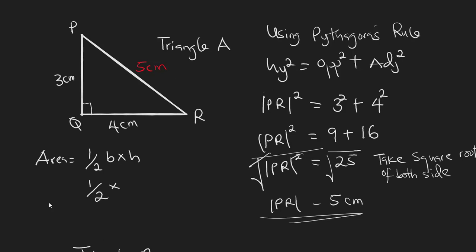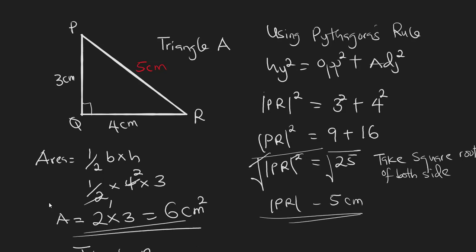Half times our base, 4, times height, 3. So these two here is 1, 2 here is how many? 2 here is 2. We are left with A is equal to 2 times 3, right? 2 times 3 is equal to what? 6 centimeter square. So that's the area of triangle A. Can you see? Area of triangle A is 6 centimeter square.